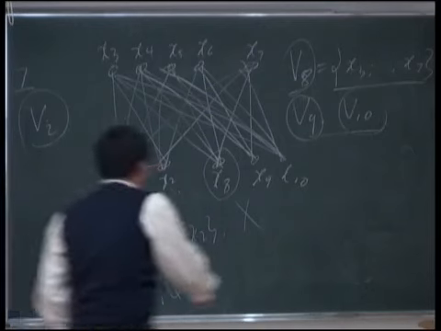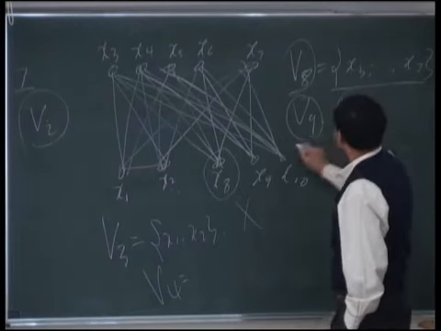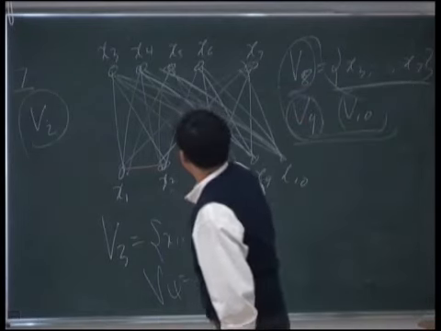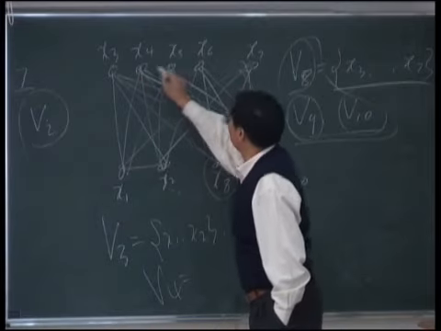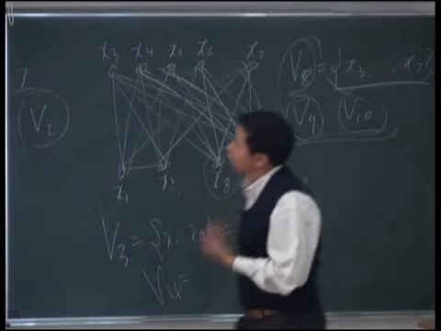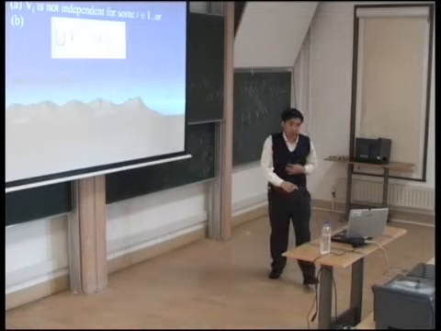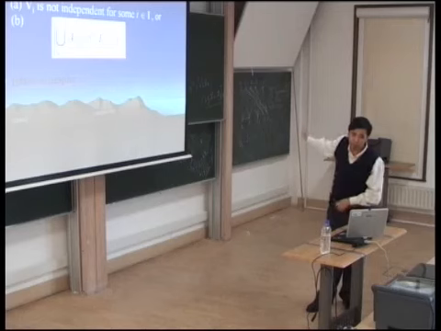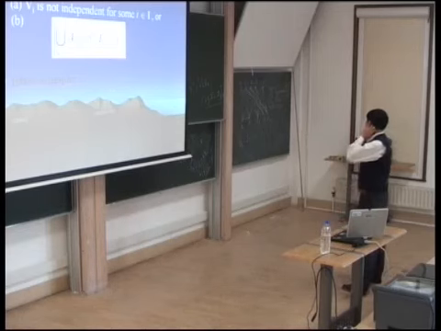Now you see V8, V9, V10, every set is equal to the set of vertices S3, S4, S5, S6, S7. So of course the second condition is true, because the cardinality of every set V8, V9, V10 is equal to how much? 5.